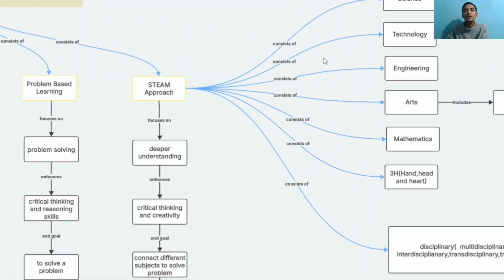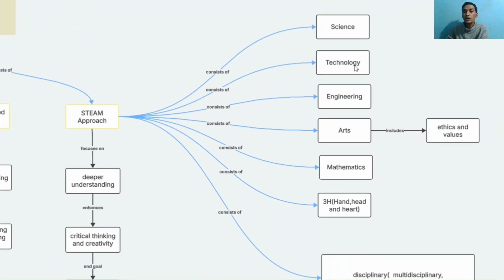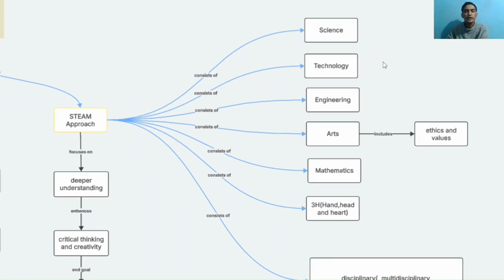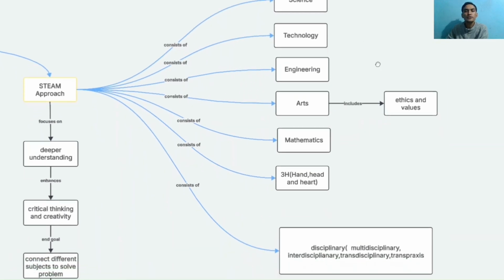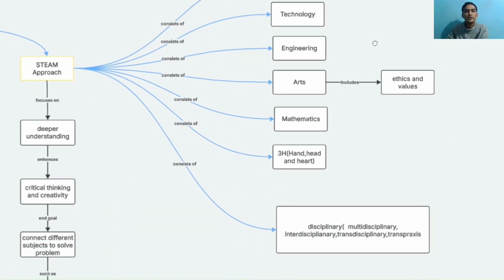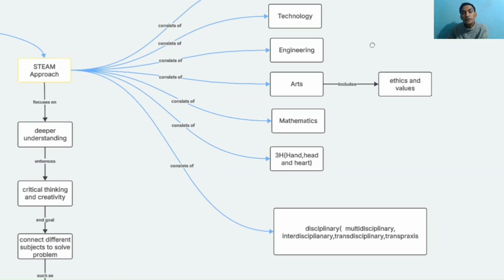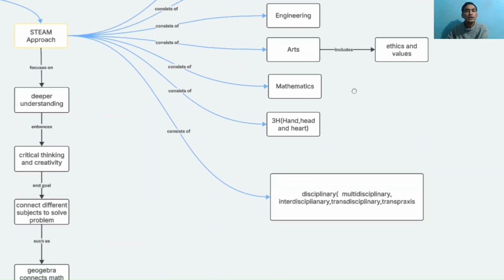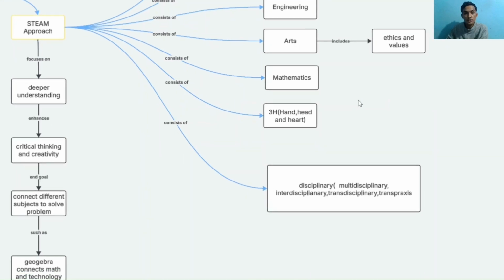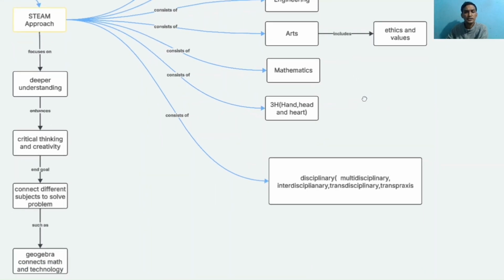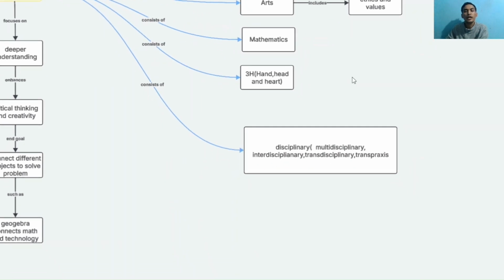The STEAM approach also consists of various elements: S refers to science, T refers to technology, E refers to engineering, A refers to arts, and M refers to mathematics. Arts also includes ethics and values. Apart from this, STEAM also includes the three Hs, that is hand, head, and heart. And STEAM can be multidisciplinary, interdisciplinary, transdisciplinary, or transpraxis.